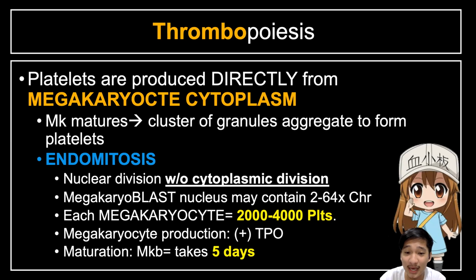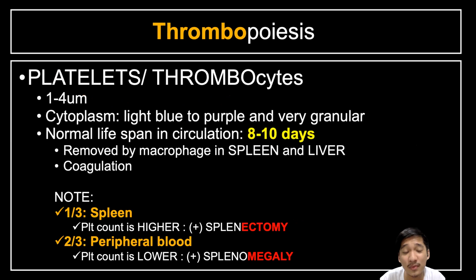Then we all know that we also have this hormone thrombopoietin, which stimulates megakaryopoiesis or thrombopoiesis, or megakaryocyte production. So TPO stimulates megakaryocyte production. The maturation of the megakaryoblast usually takes 5 days. Next we have the mature platelets, or the thrombocytes.